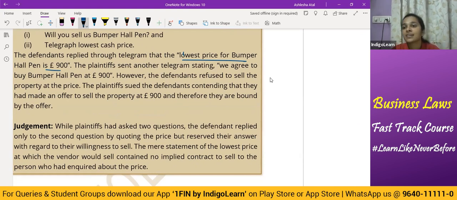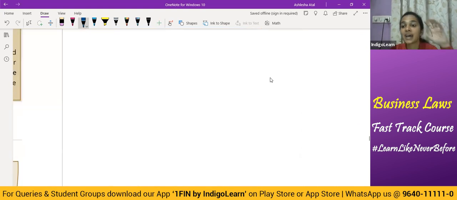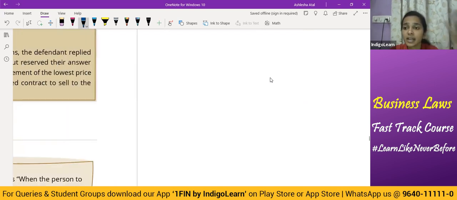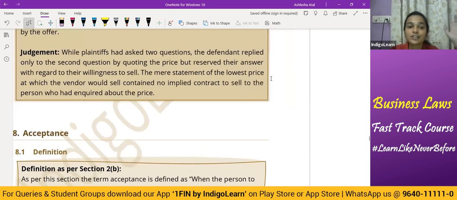When the case went to the court, the courts also stated that the company did not respond to the first question, wherein they reserved their right to answer the first question. They did not accept your offer at all, so they are not liable to sell the pen to you. They've only communicated the price, so that does not mean that they have accepted your offer.